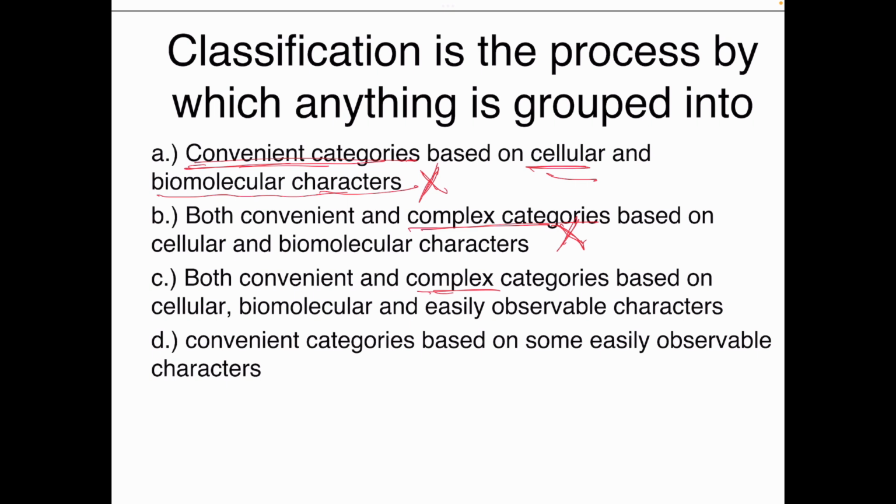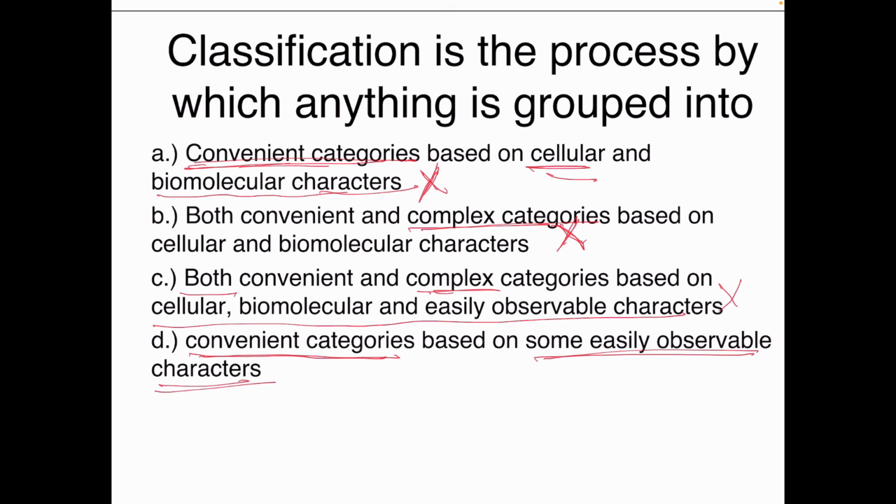This option is also out because option C is the most complex process. Okay, remaining is our option D. Of course, dividing into convenient categories is one form of simplicity, based on some easily observable characters, something that you can easily say and put into a category.